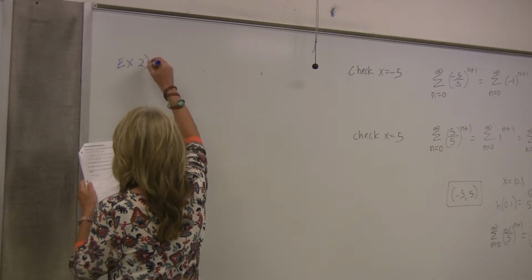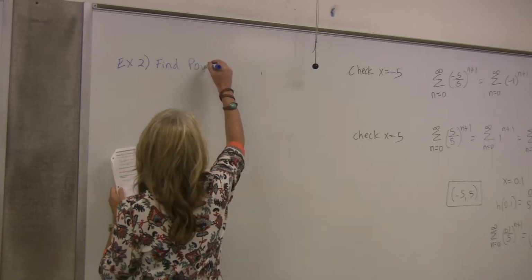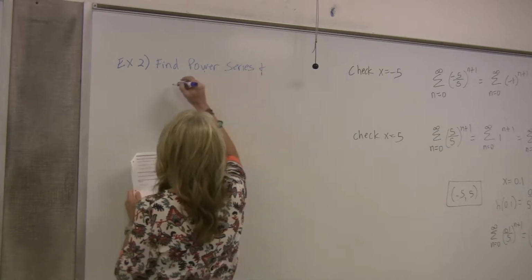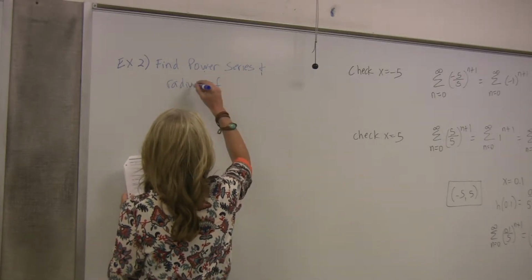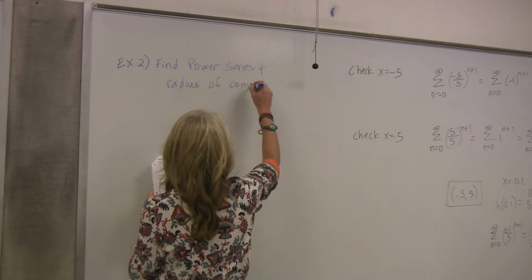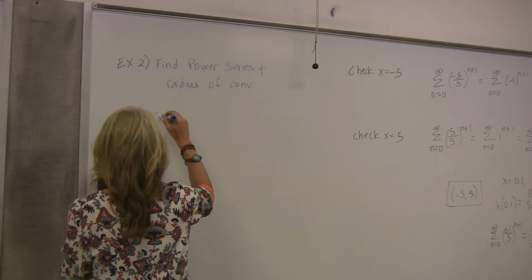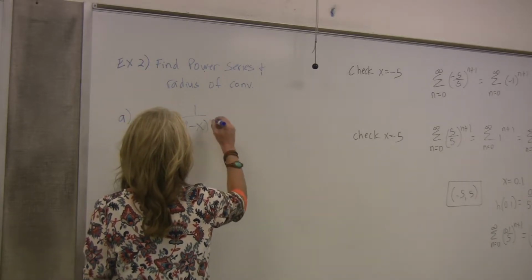Example 2, by the way, says find the power series and just the radius of convergence, not the whole interval, so it saves us a little bit of time. So I have g of x equals 1 over 1 minus x, the quantity squared.